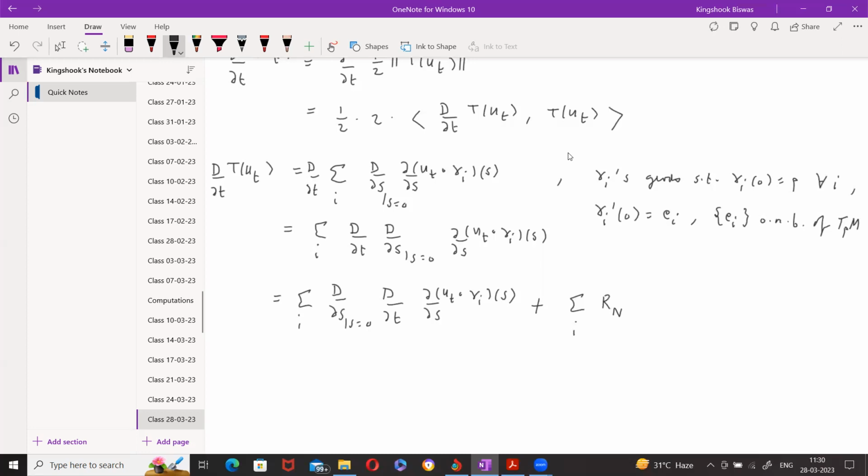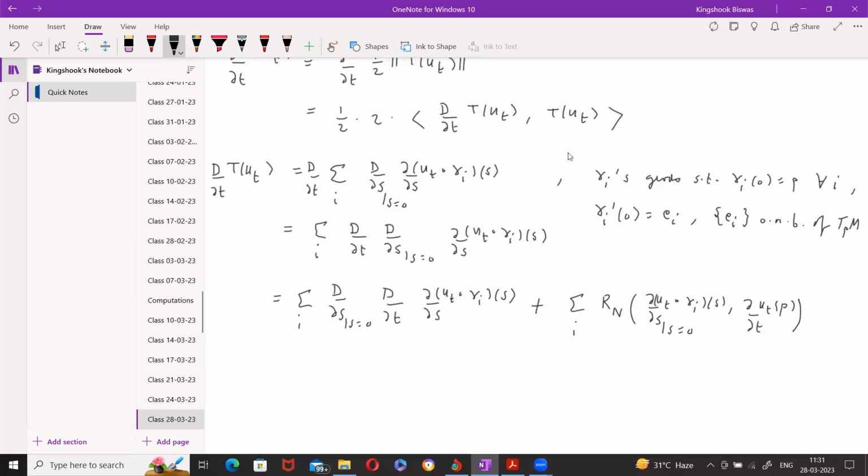So R^N of del u_t composed gamma_i, so del del s of this at s equal to 0, and then del u_t del t, where I have to put s equal to 0, so this is just del u_t del t of p.